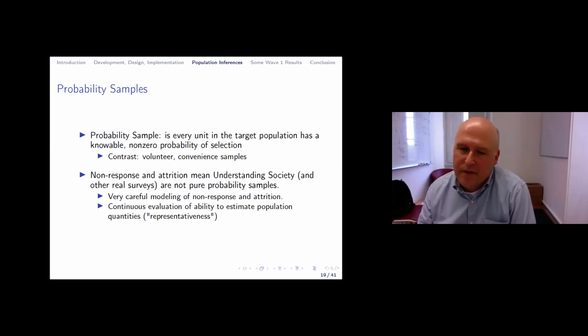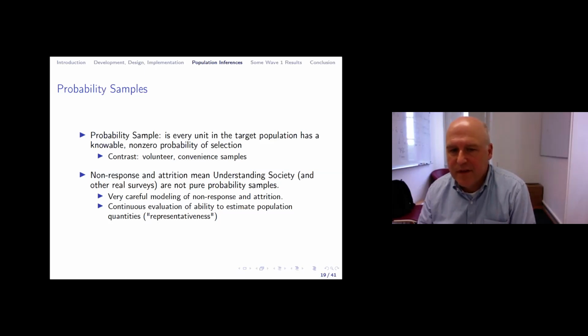Of course, the ONS works with different kinds of probability samples. But once you have non-response, it's not the case that the response probability of every unit is known.